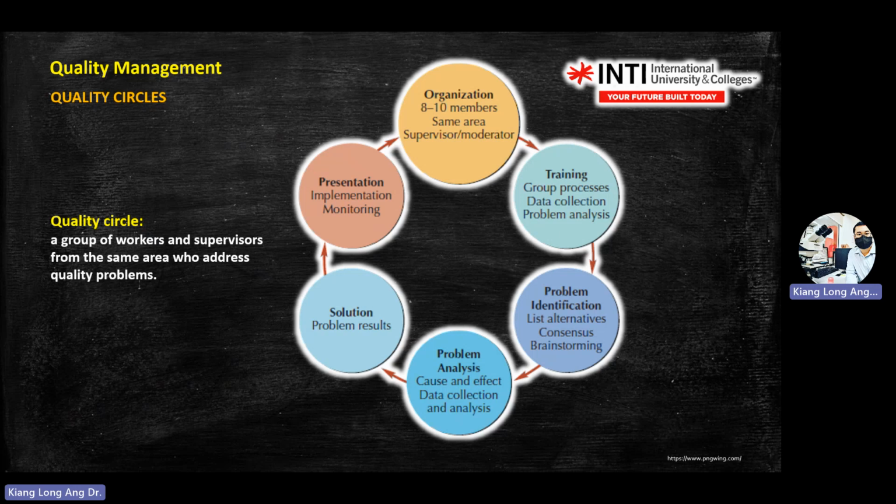This circle summarizes a few pages of the textbook. It consists of 8 to 10 members in the organization, and you give training on data collection and problem solving. Then you identify problems, come up with brainstorming, use the fishbone diagram, or pull out all the data, the 7 tools that we covered just now, to find the causes of the problems.